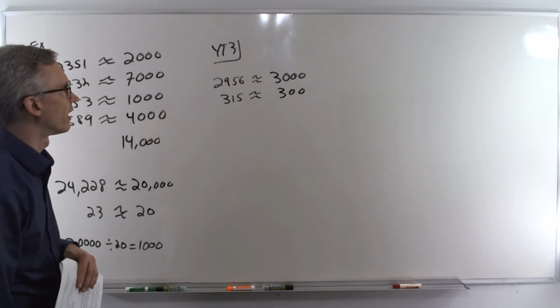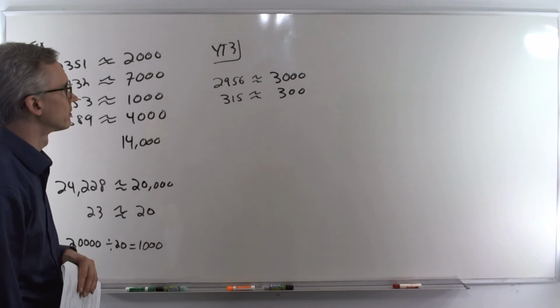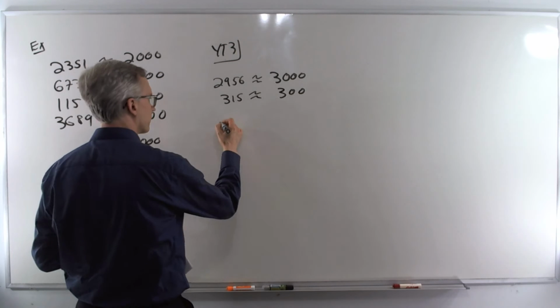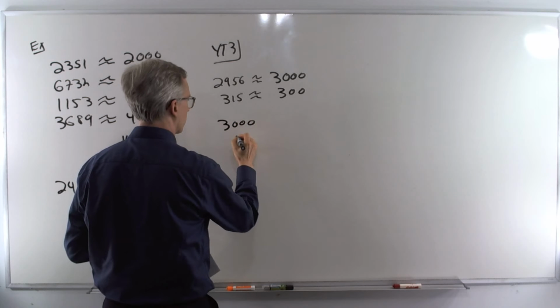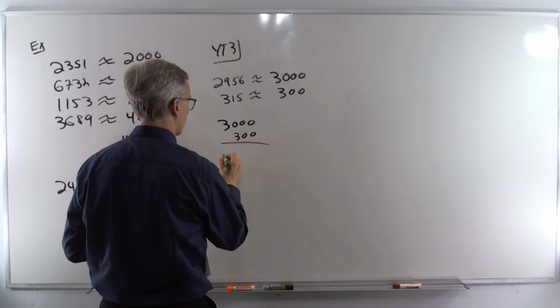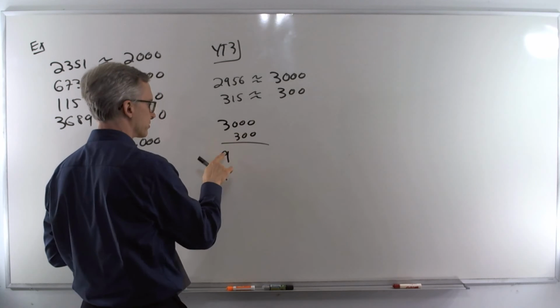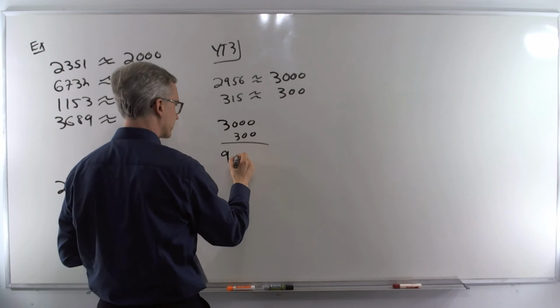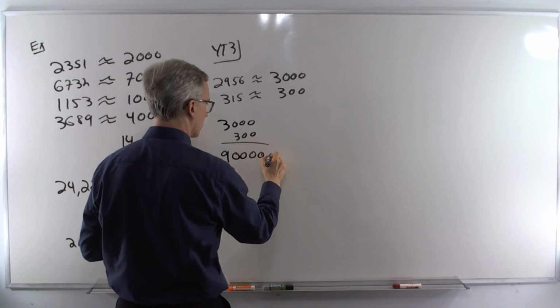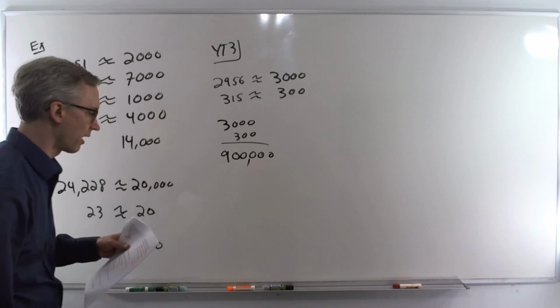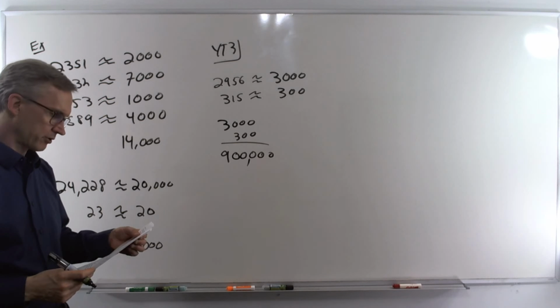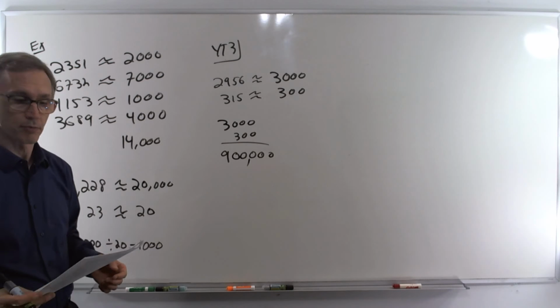So we are going to multiply 3,000 by 300. All right, we got 3 times 3 is 9, and we got 1, 2, 3, 4, 5 zeros. So 900,000. And the actual value is 931,140, so pretty close.